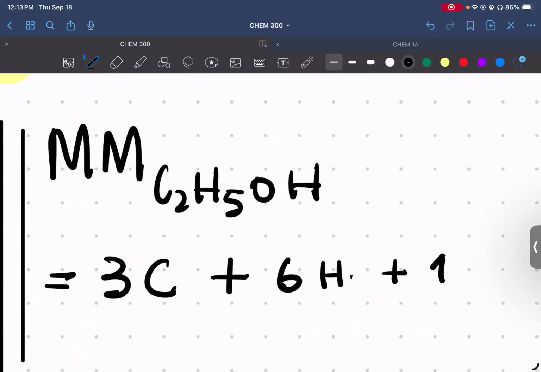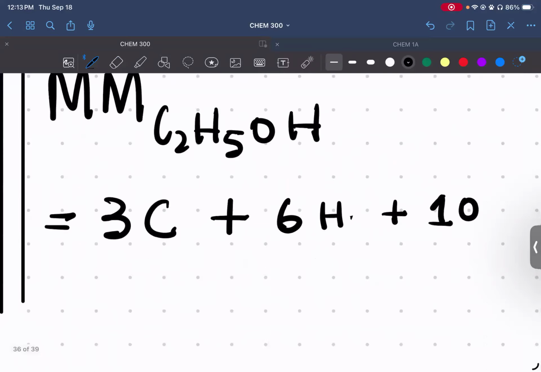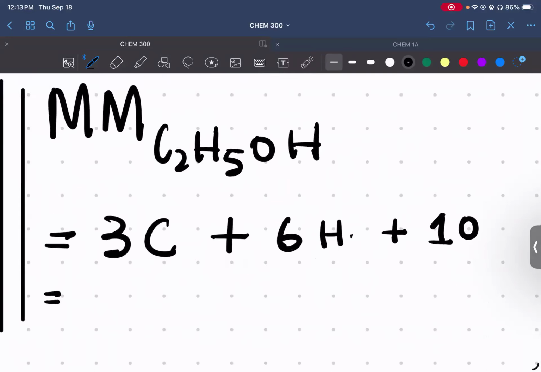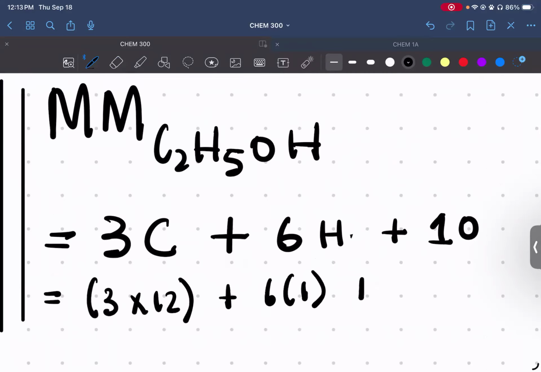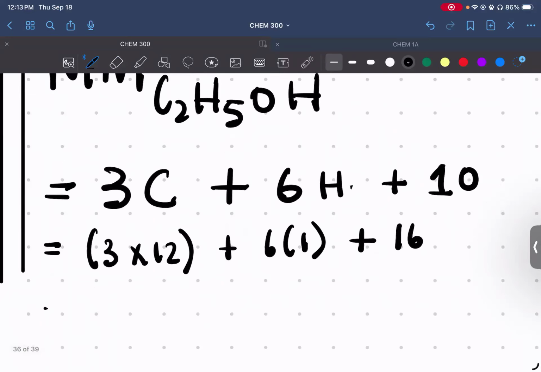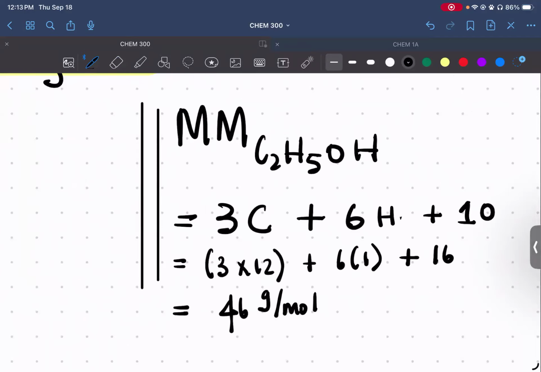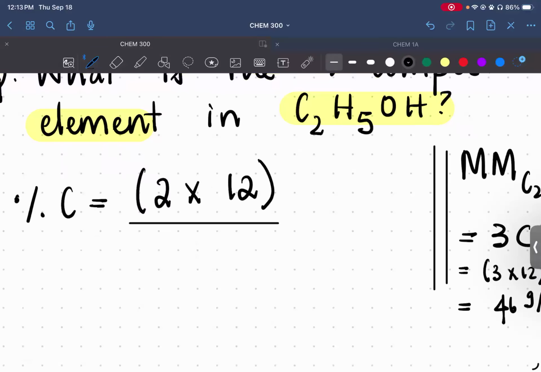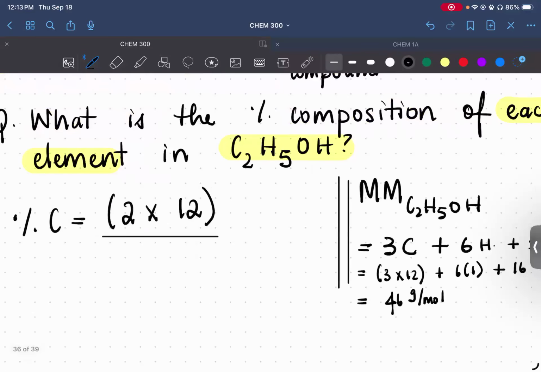And only 1 oxygen. 3 times 12, 6 times 1, and 16 for a whopping 46 grams per mole. Now that we have the molar mass, we can plug it into our formula. 46 times 100.